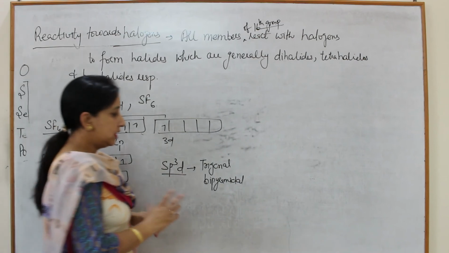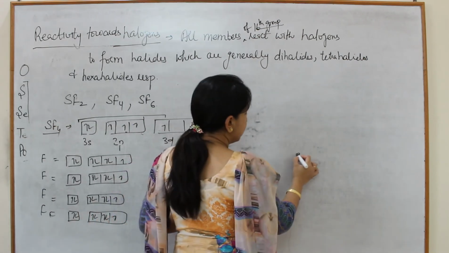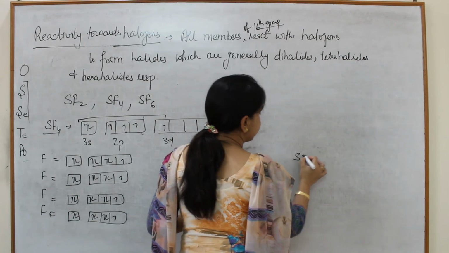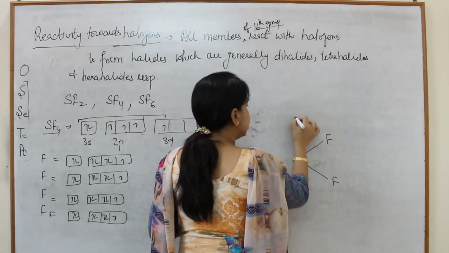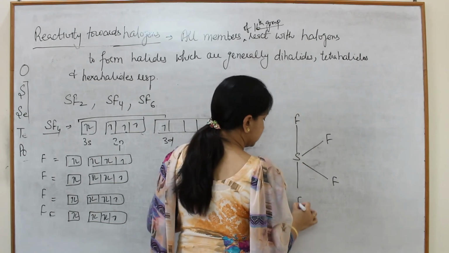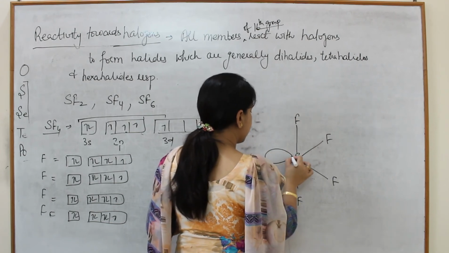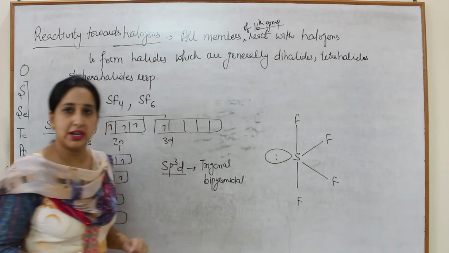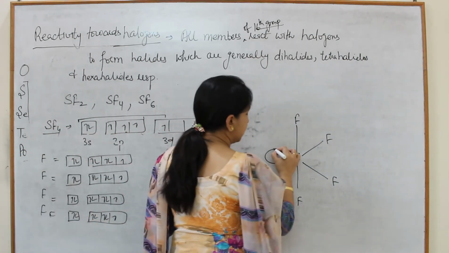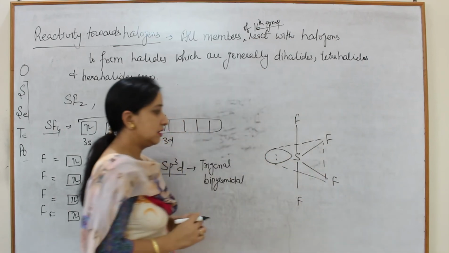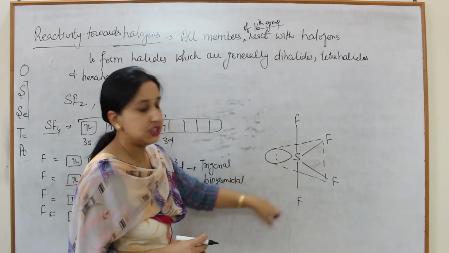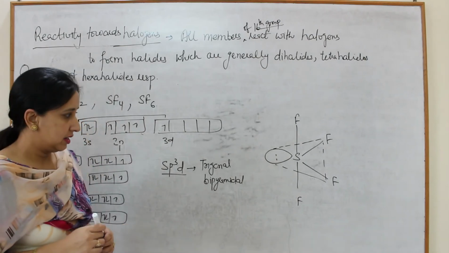So geometry will be trigonal bipyramidal, but it will be again distorted due to the presence of this lone pair. So what do you mean by trigonal bipyramidal? First fluorine, second, this shape is known as trigonal bipyramidal. This is trigonal and these two positions are bipyramidal.